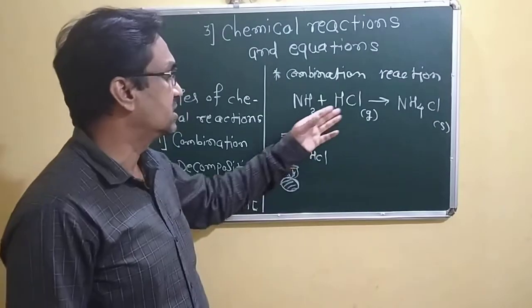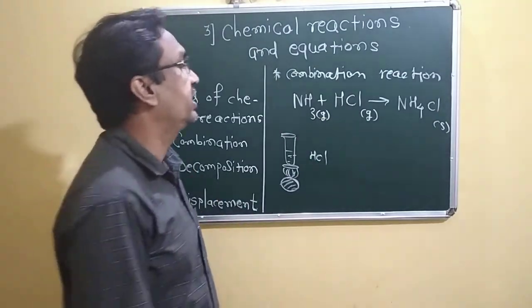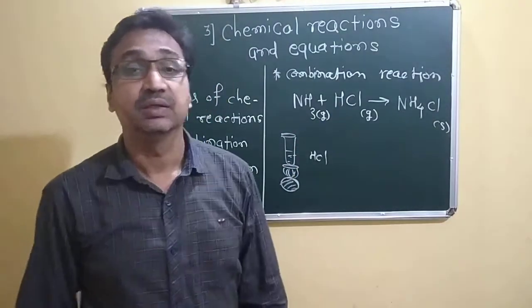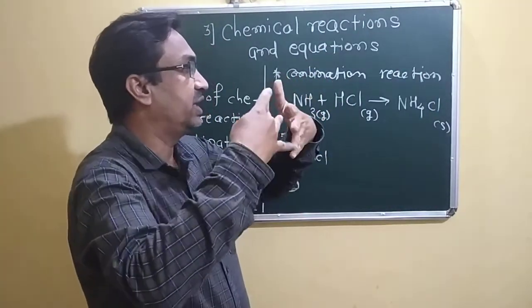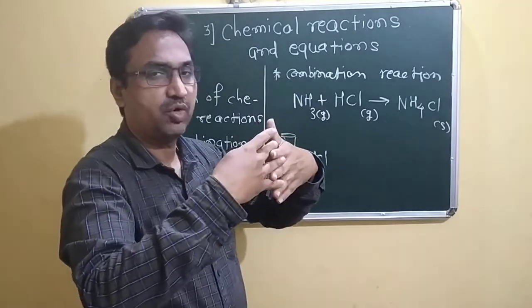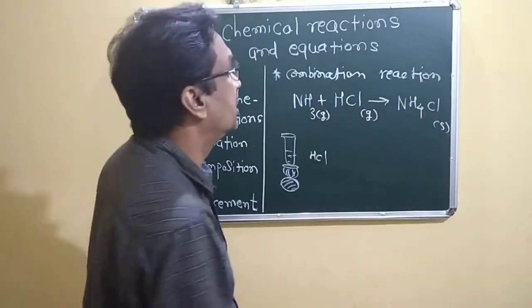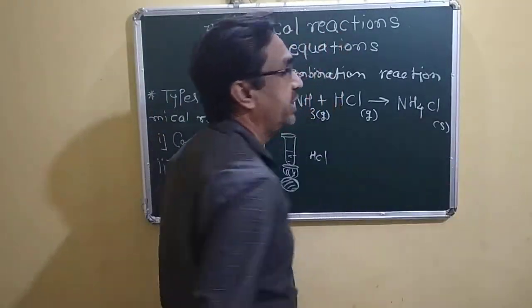These 2 gases, hydrogen chloride gas and ammonia gas, react with each other, and they are in gaseous form, and after their condensation ammonium chloride is formed.